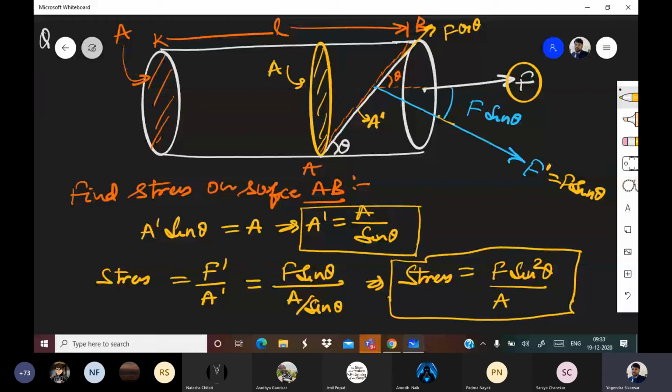If it is away from theta, what component will it be? It will be F sin theta. Now understood, Yash? We have resolved F into two components. One along the surface, which is F cos theta. One perpendicular to surface, which is F sin theta. All right.